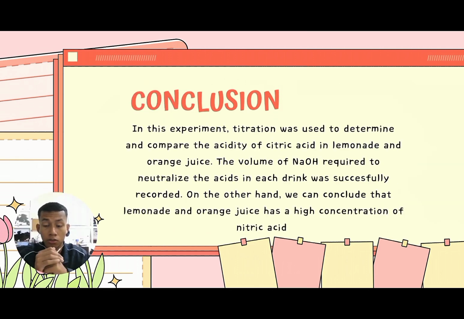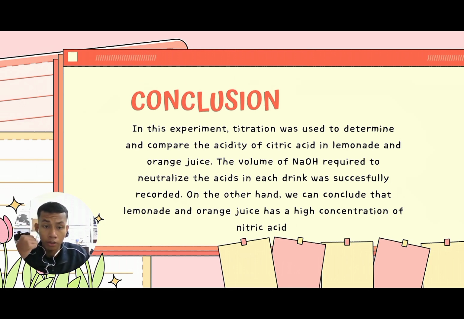Okay, so now we're coming to the conclusion. In this experiment, titration was used to determine and compare the acidity of citric acid in lemonade and orange juice. The volume of NaOH, or sodium hydroxide, required to neutralize the acids in each drink was successfully recorded. So how did it become successful? It became successful by titrating each sample with a standard sodium hydroxide, NaOH, solution using phenolphthalein as an indicator.